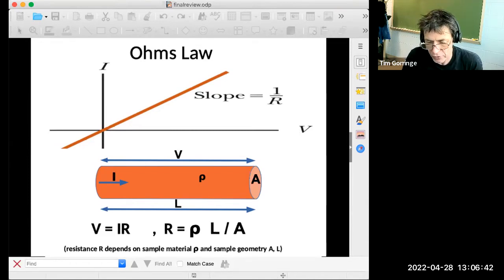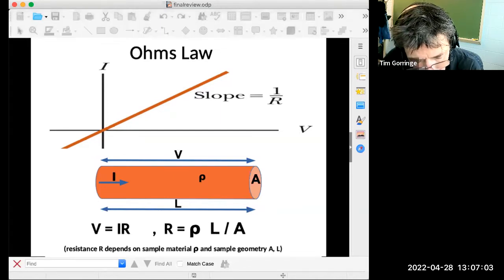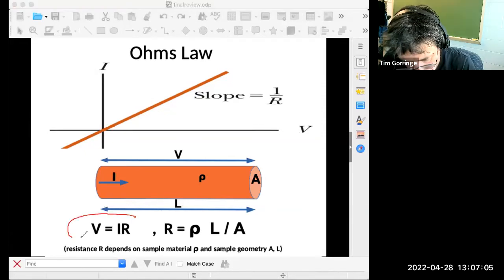So if you double the voltage across a resistor, then you double the current through the resistor. If you triple the voltage, you triple the current. And the coefficient of proportionality between the current and the voltage is the resistance of the resistor. And that's what we call Ohm's law. So here's Ohm's law.